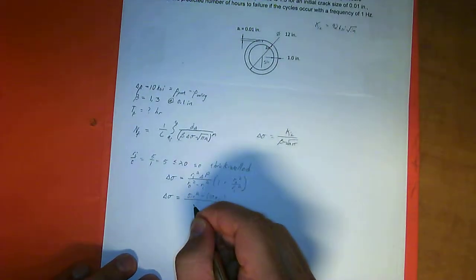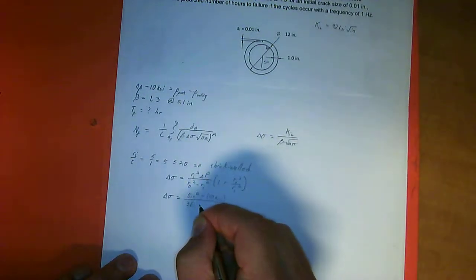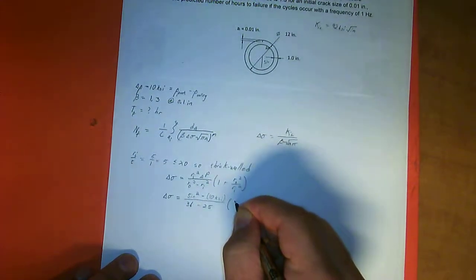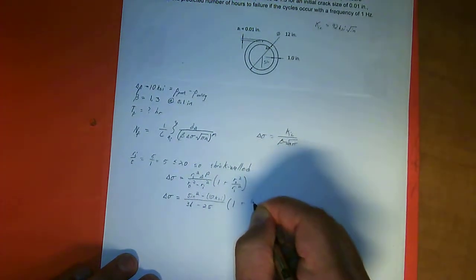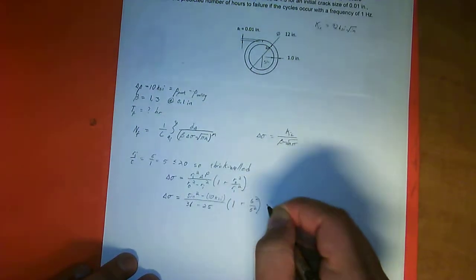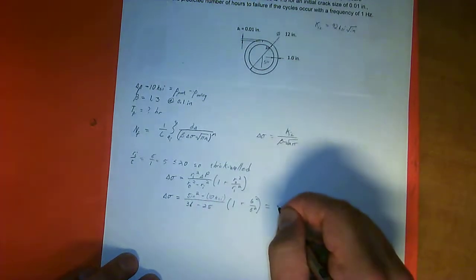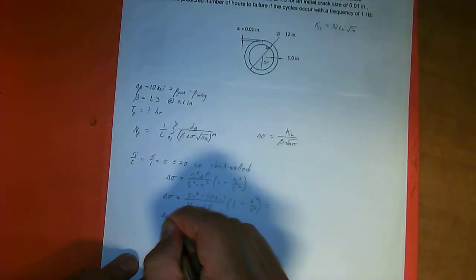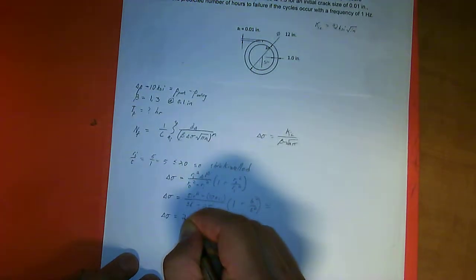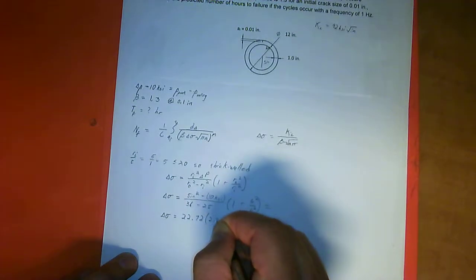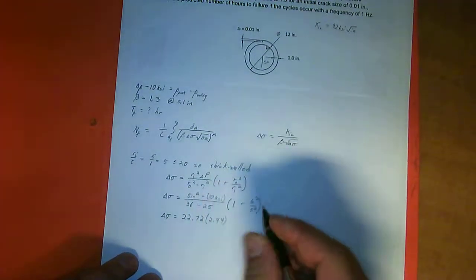All over 6 squared over 5 squared, which is equal to 22.72 times 2.44. You do all that math. So delta sigma is equal to 55.44 KSI, which we will use in a little bit.